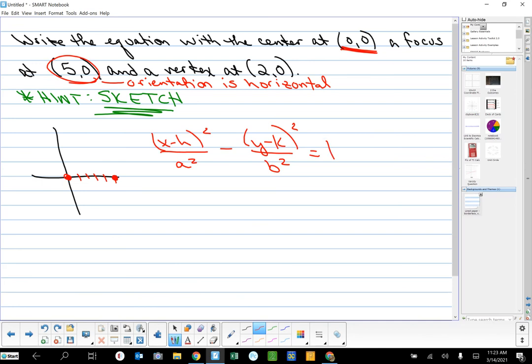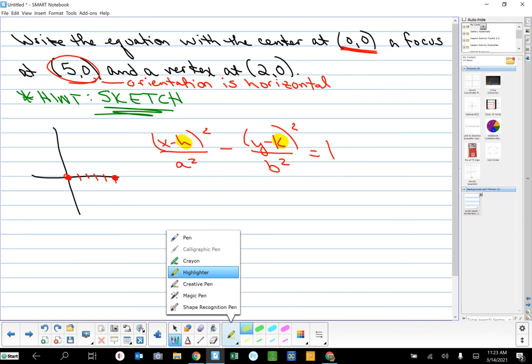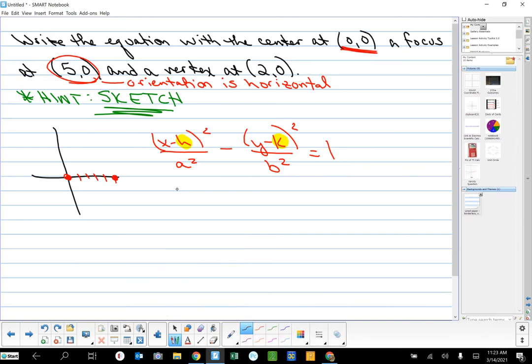And I know I've got to fill in some certain things. I need to know h and k, which are the center, which are 0, 0. So I already know that. So I can come back and now say it's going to be x squared over a squared minus y squared over b squared equals 1. So now I need a squared and b squared.